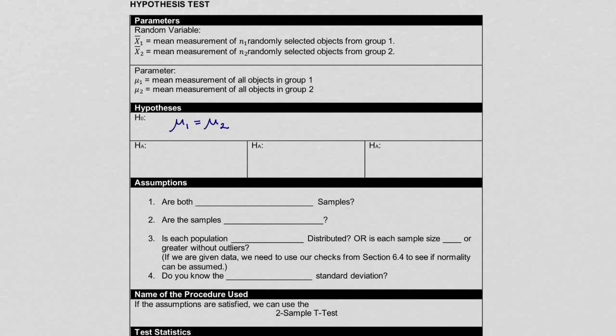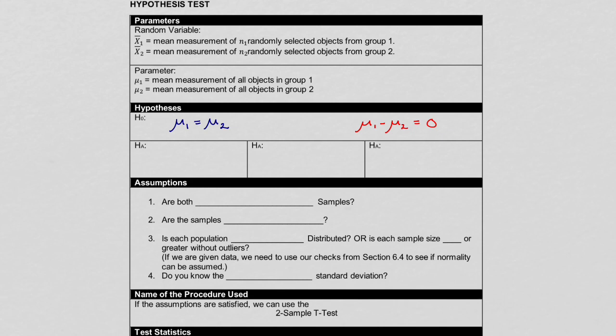Another way of looking at this, and I'm going to go ahead and write this on the side in red, we would say something like mu sub 1 minus mu sub 2 is equal to 0. And what I want you to be aware of is that this is saying the exact same thing. If, for example, we are claiming that mu sub 1 is equal to mu sub 2, in other words, they're the same, then if we subtract two values that are the same, then we're getting 0.